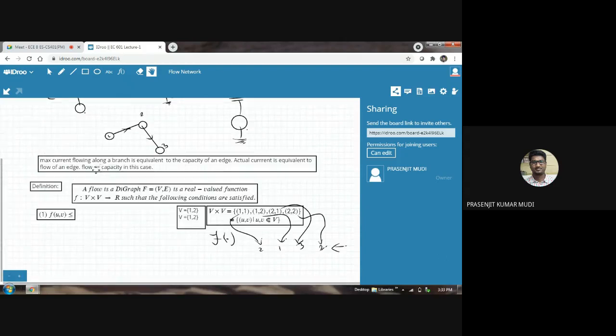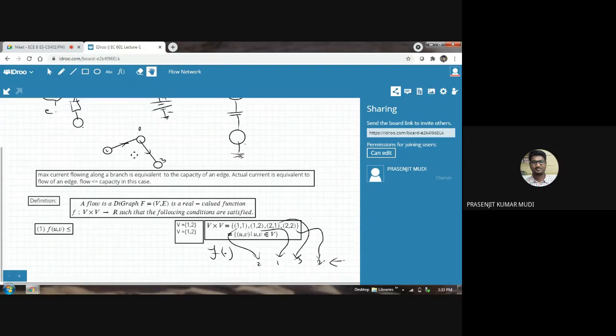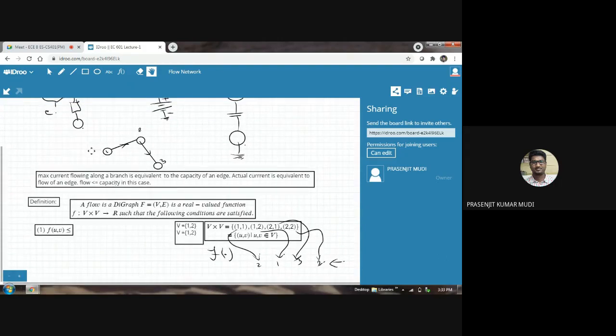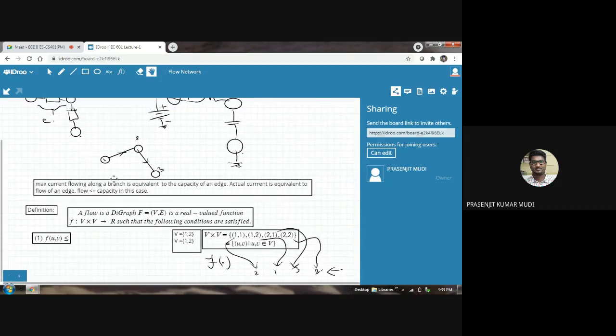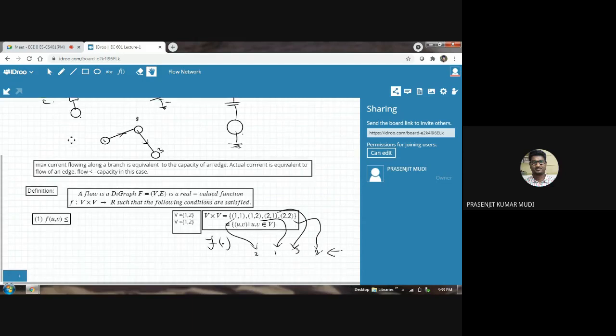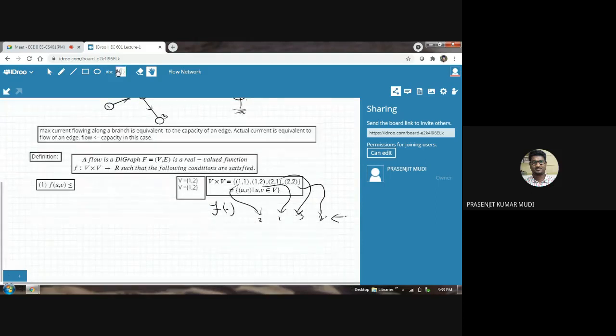The flow is less than or equal to capacity, because capacity is the maximum current which can flow along a branch, and flow is the actual current flowing through that branch. So flow is of course less than or equal to the capacity of an edge, and capacity of an edge is denoted by small c of u comma v.